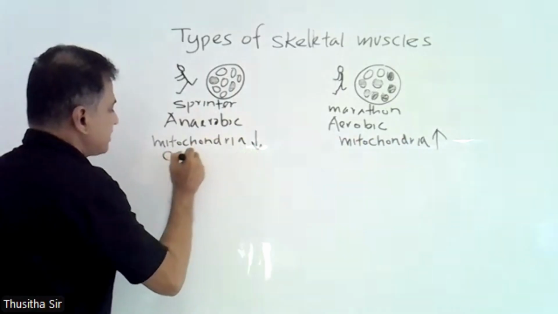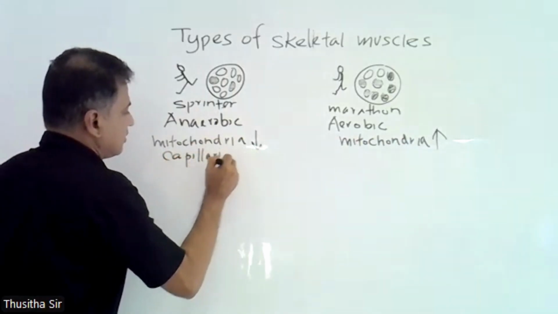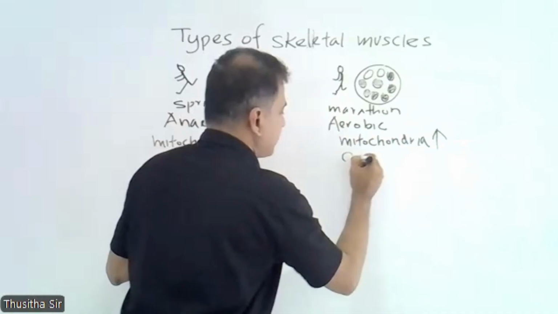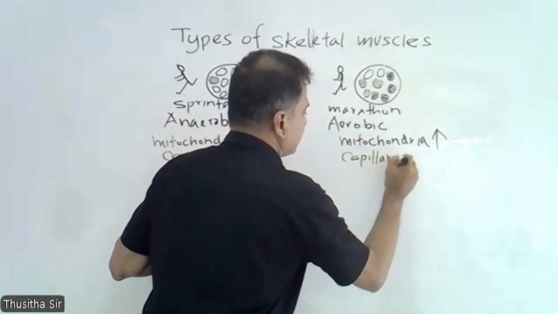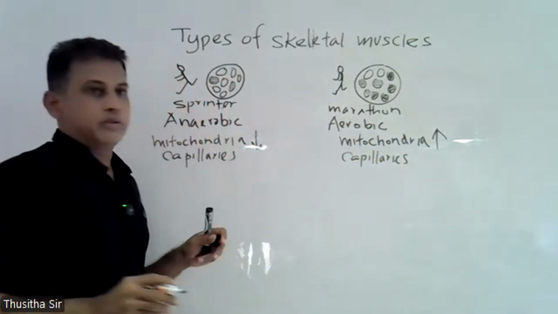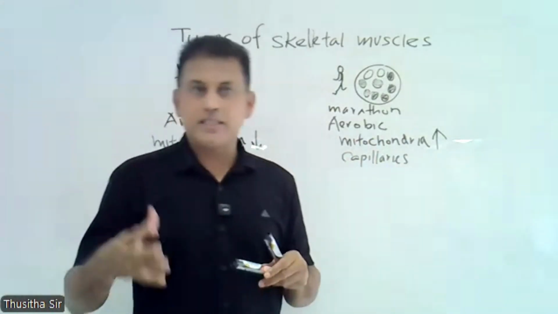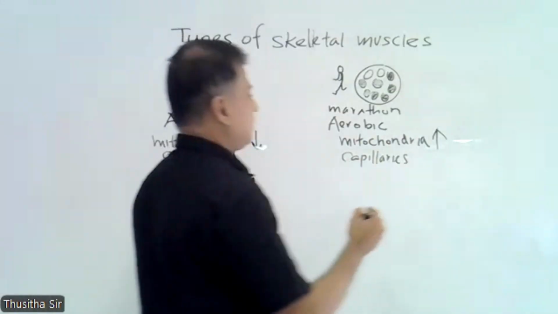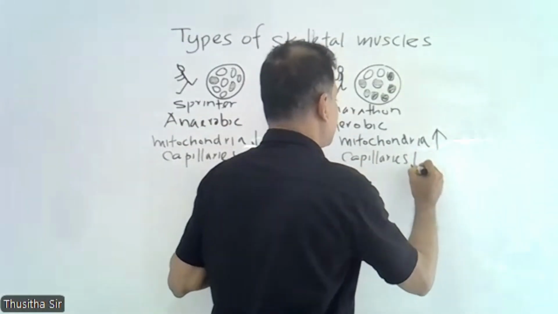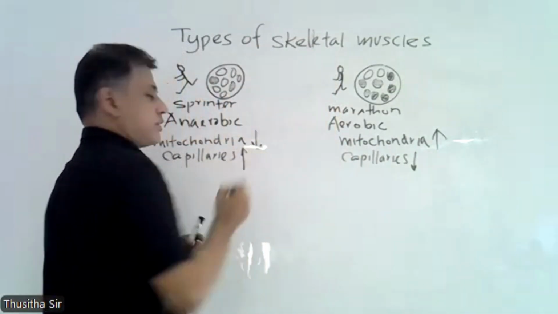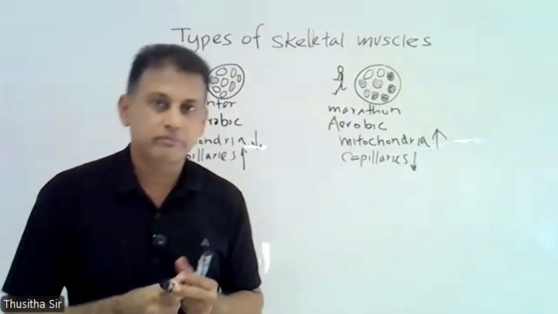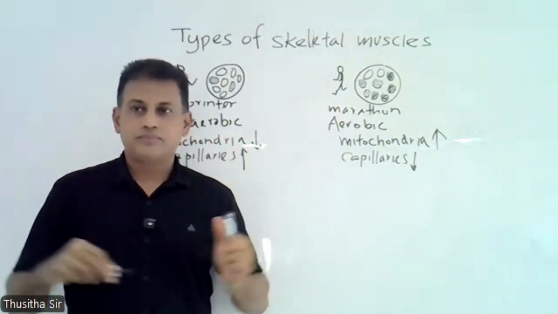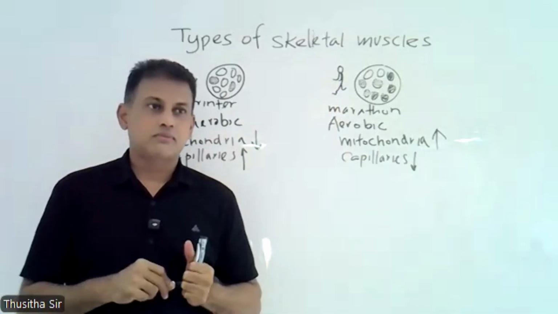And the capillaries, and here capillaries, so that the muscles get the blood supply. So in these people the capillaries are less, and in these people capillaries are high. Right?